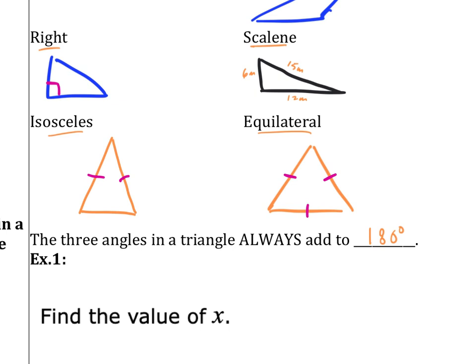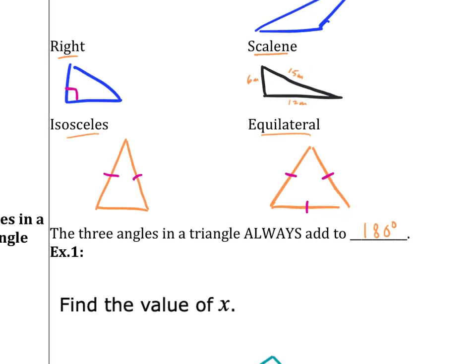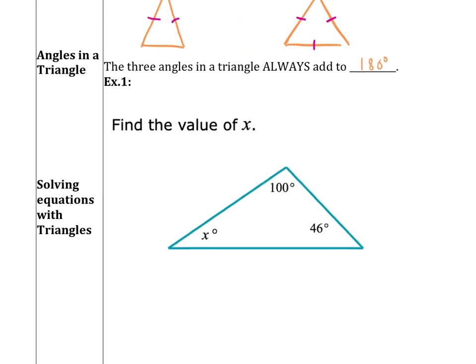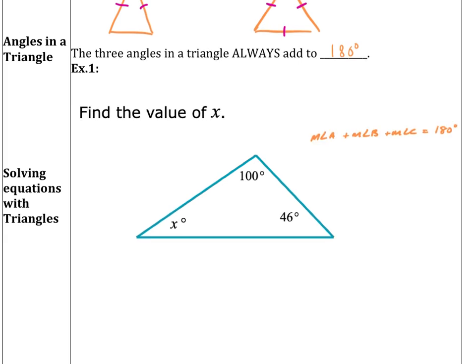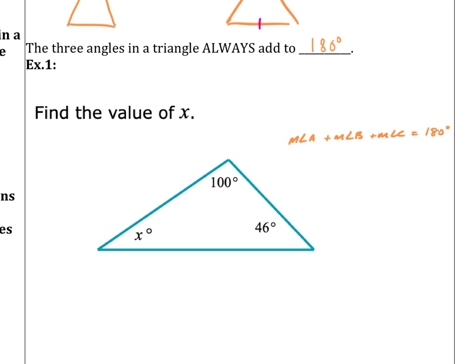So when we take that in mind, the formula we're going to generally use is that the measure of angle A plus the measure of angle B plus the measure of angle C is going to equal 180 degrees. I might label this as A, B, C. Then we're just going to plug things in and solve, right?